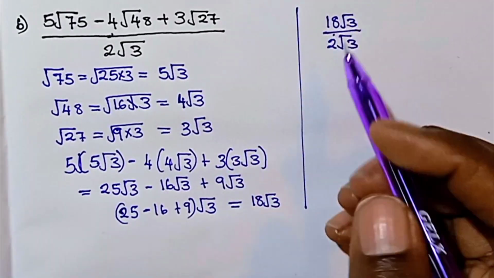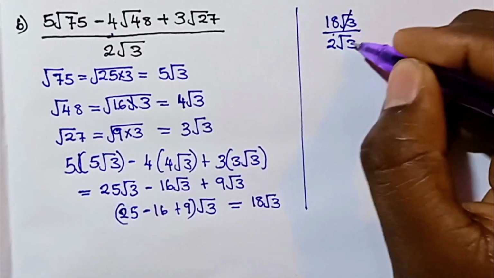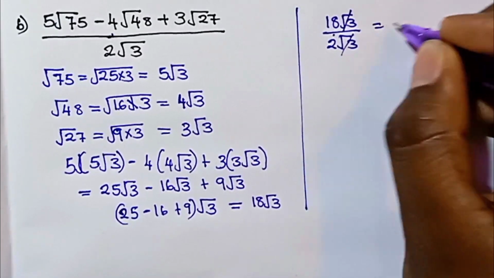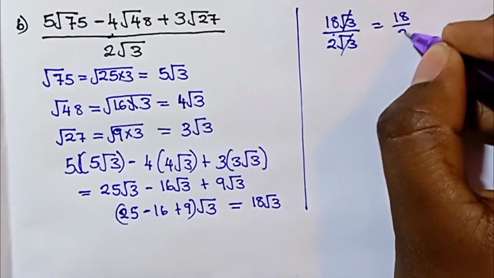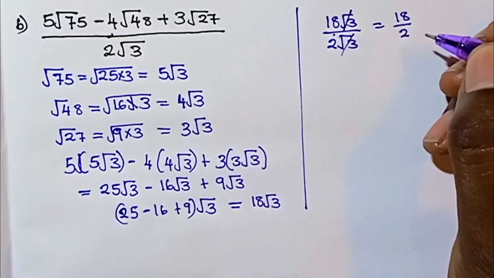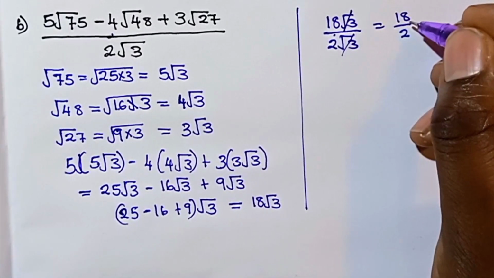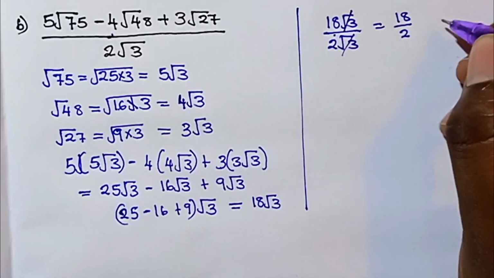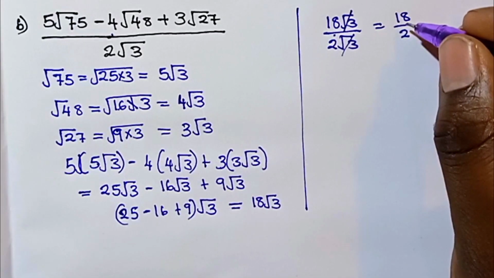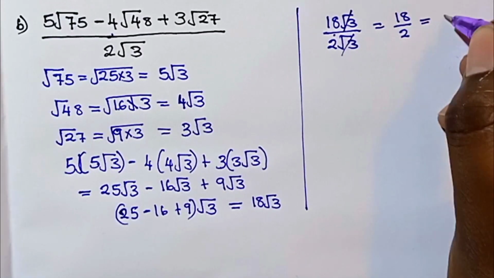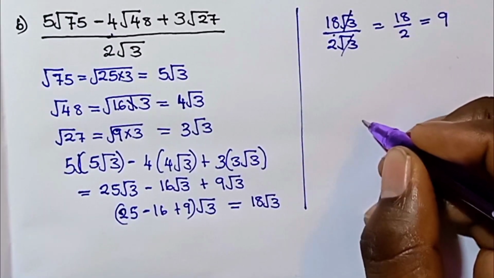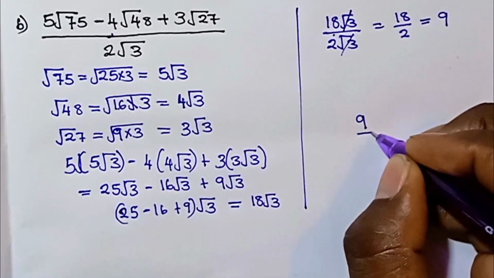This root 3 is going to cancel out with this, so we're going to have 18 all over 2. When we simplify further, we divide 18 by 2, which will give us 9. So the final answer here is 9.